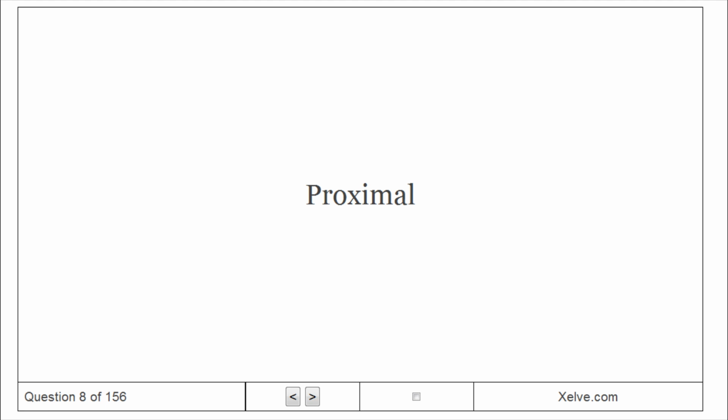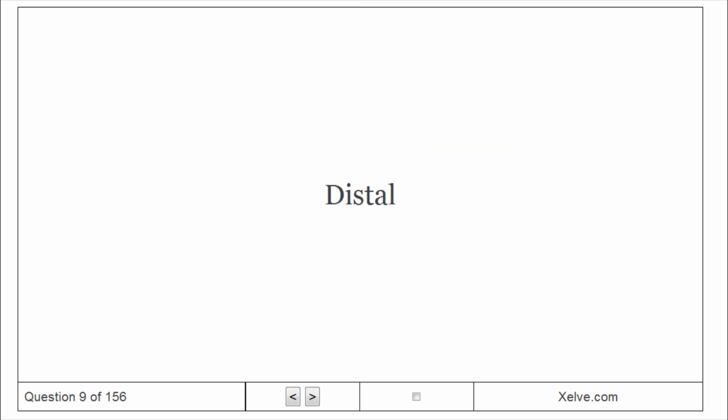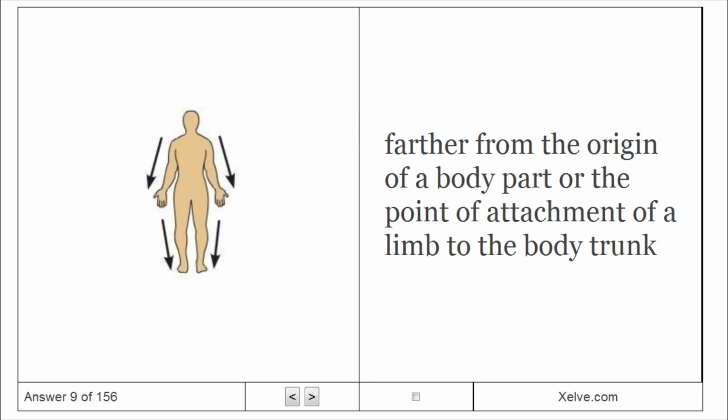Proximal: closer to the origin of the body part or the point of attachment of a limb to the body trunk. Distal: farther from the origin of a body part or the point of attachment of a limb to the body trunk.